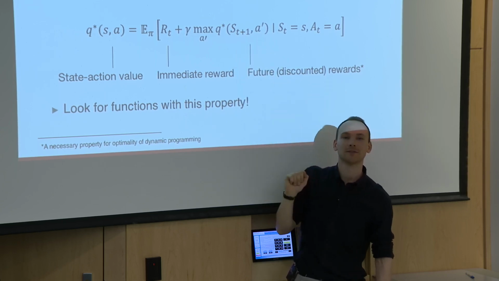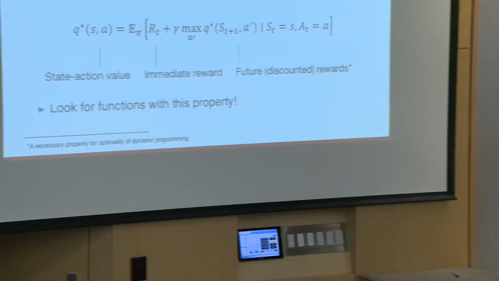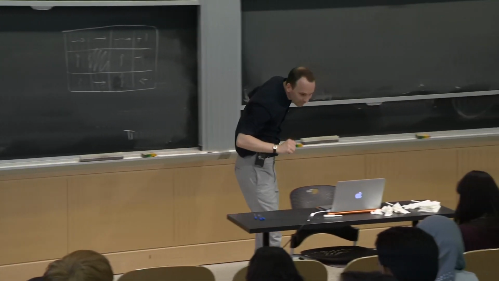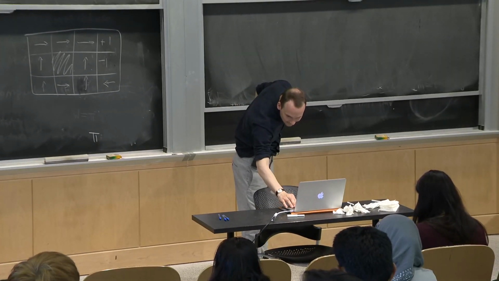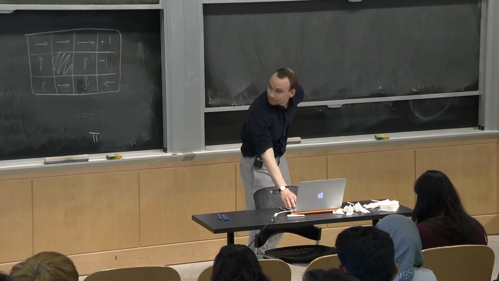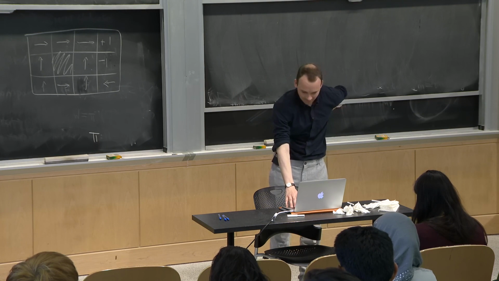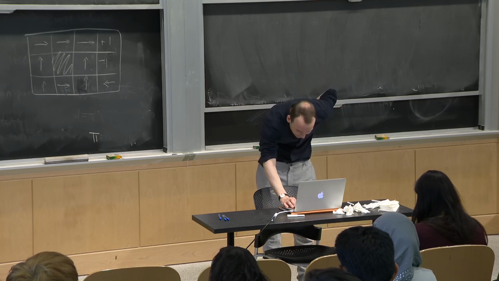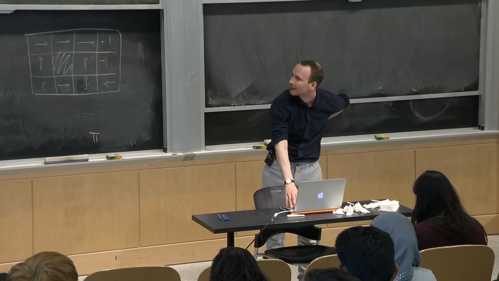Yep. Good. Example you have on the board? Yes. Actually, I might do a full example of Q-learning in a second. Yes, I will. I'll get to that example then. Yeah, I was debating whether to do that. It might take some time, but it could be useful. So where are we?